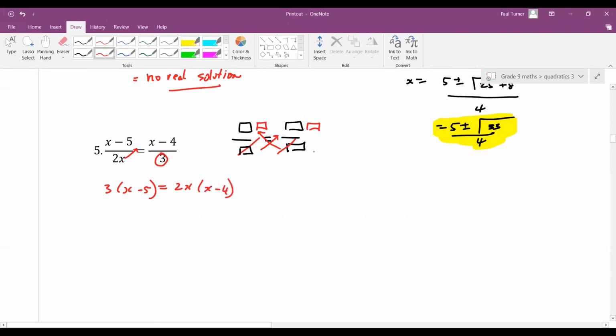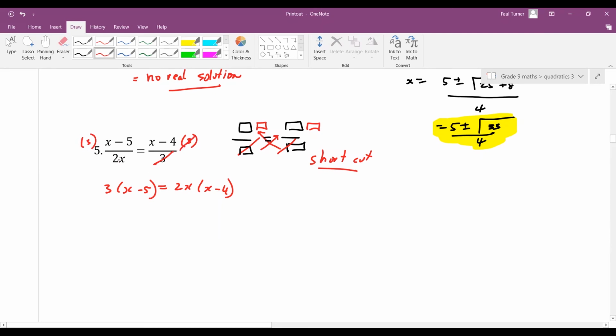That's the shortcut. This is a shortcut for doing this. I'll show you the long way in a minute, but this is what you'll end up with here, and we'll expand it. If you do it the long way, you see you've got a 3 here. So we'll multiply 3 by both sides, and that will cancel.